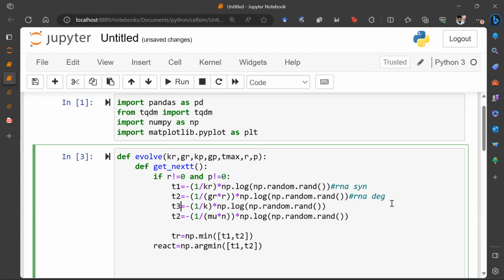And the third is the protein synthesis. So this protein synthesis is Kp times R, the same. And the fourth is the protein degradation that occurs at a rate Gp times P.